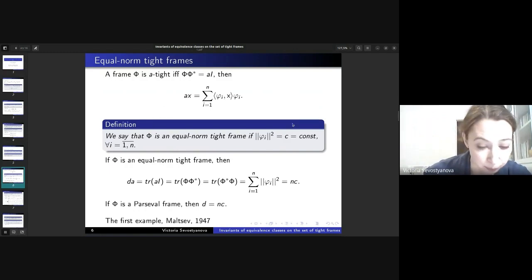That's a very simple reconstruction. We will say that phi is an equal norm tight frame if this frame is equal norm exactly. For an equal norm tight frame, we have these equalities.